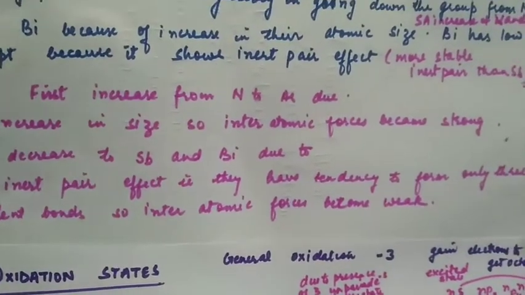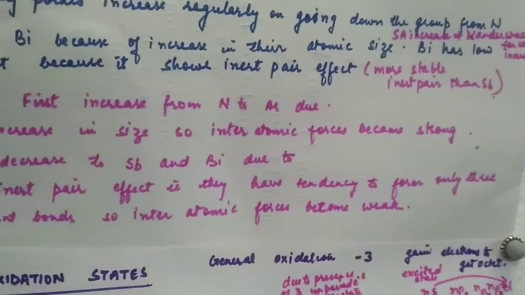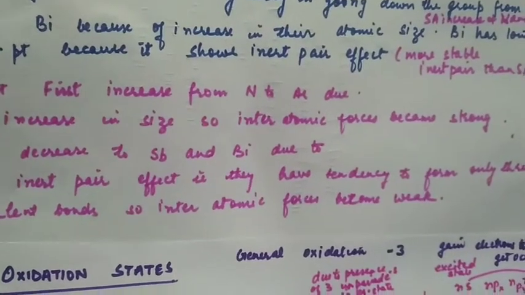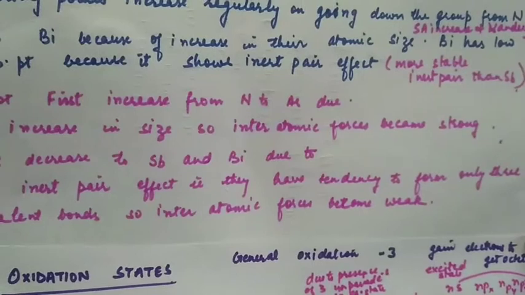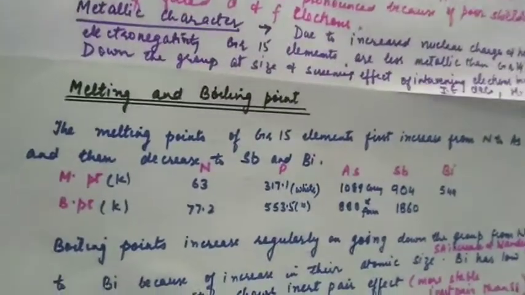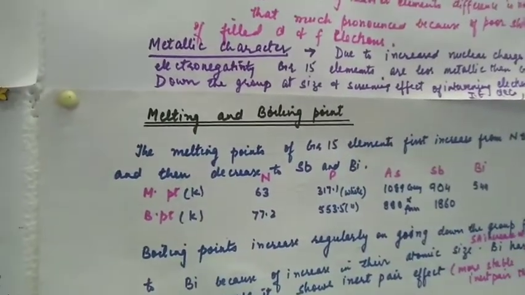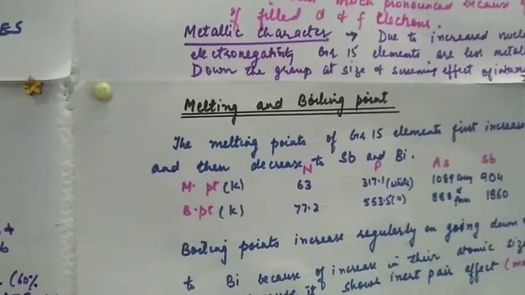Due to the inert pair effect, antimony and bismuth have a tendency to form only 3 covalent bonds. Their s electrons do not participate in bond formation, so interatomic forces become weak. The inert pair effect is the inability of the s electrons to participate in bond formation.